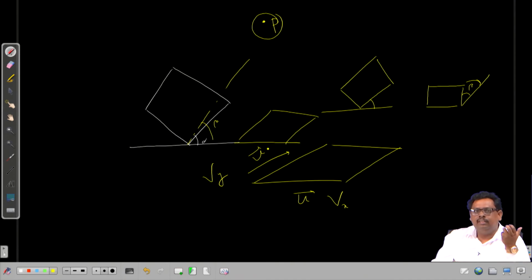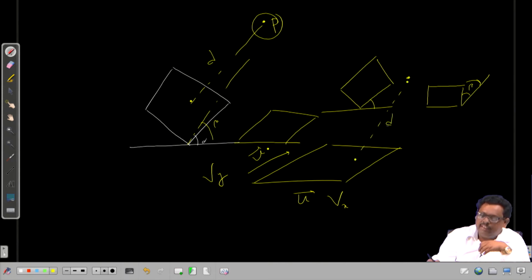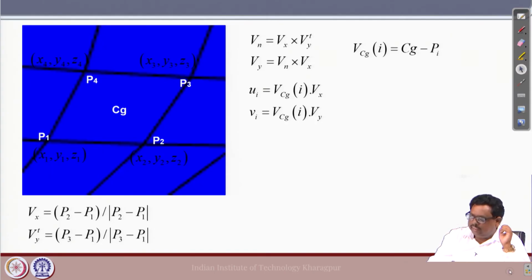Because P must go through all this coordinate transformation, this normal distance, let us say d, must be invariant under all such transformation laws. So, it is not only shifting the panel from 3 dimensional to 2 dimensional, at the same time I need to shift the point P from here to here also. Let us see how we do that.